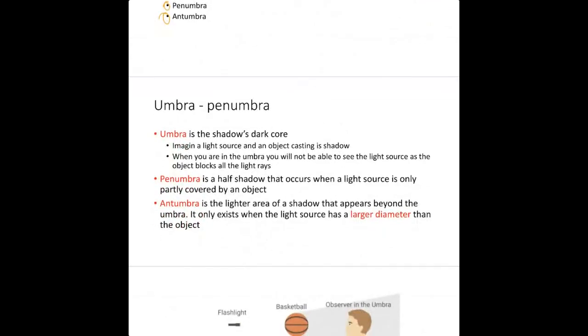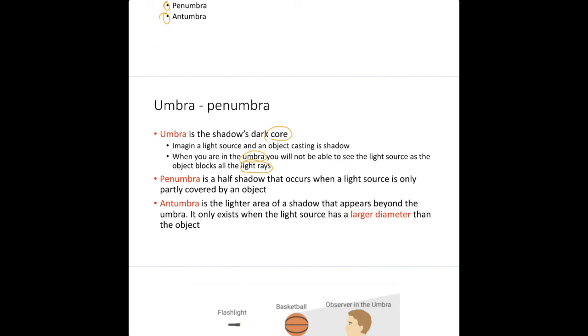Now, the umbra is the shadow's darkest core. Imagine that there is a light source and there is an object casting a shadow. When you are in the umbra, you will not be able to see the light source, because the object blocks all the light rays.